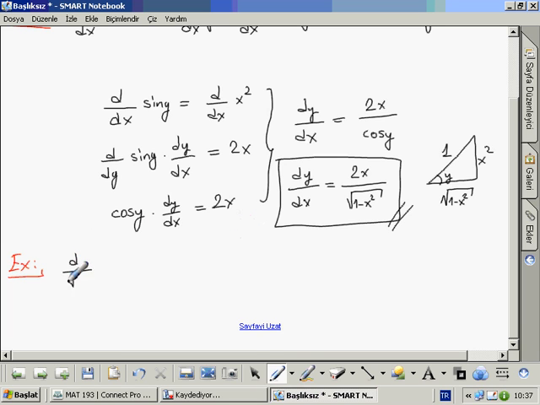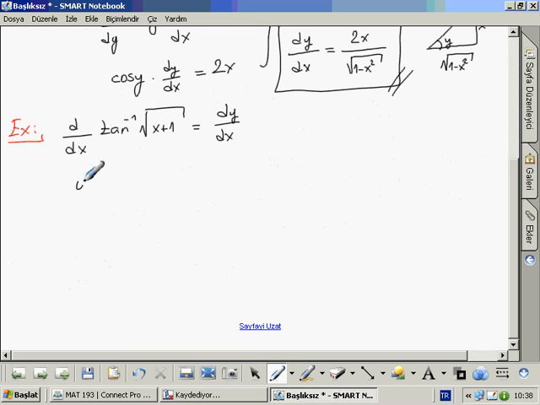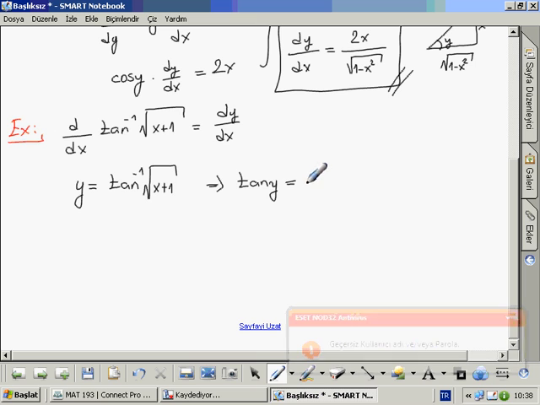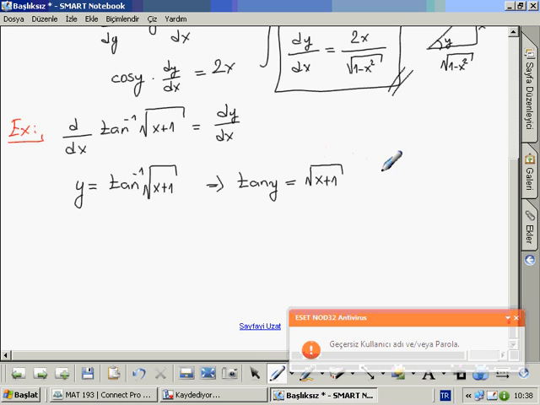Let's continue with another example. Del over del x of inverse tangent of the square root of x plus 1 equals del y over del x. So we can say y equals inverse tangent of the square root of x plus 1, and tangent y equals the square root of x plus 1.